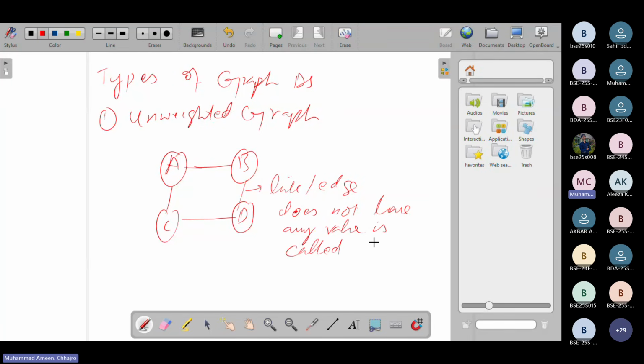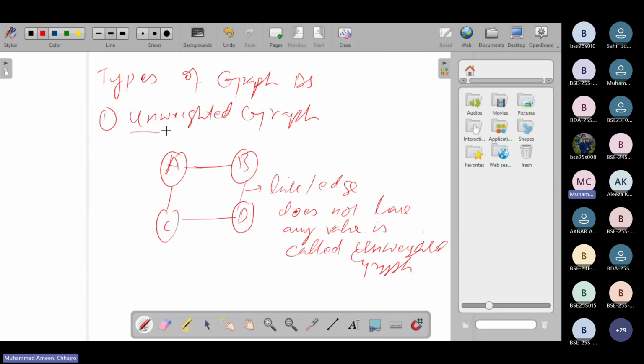So you need to give an example in each category if you are asked to design or draw or create the unweighted graph, right? So this is called unweighted graph. So I hope this is very much clear to you.